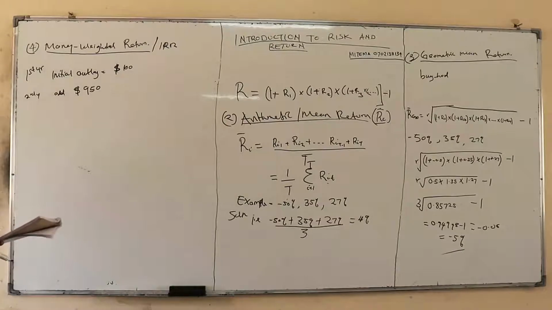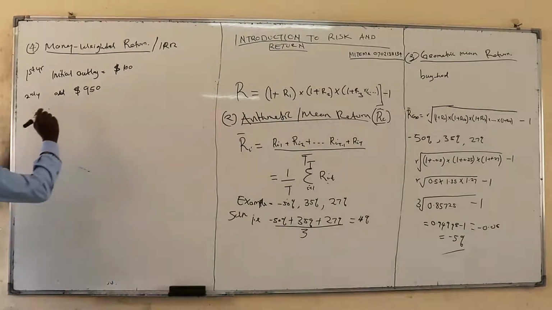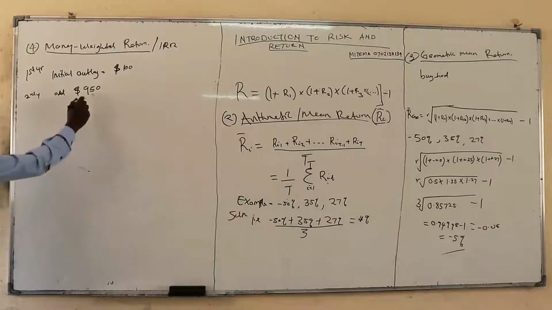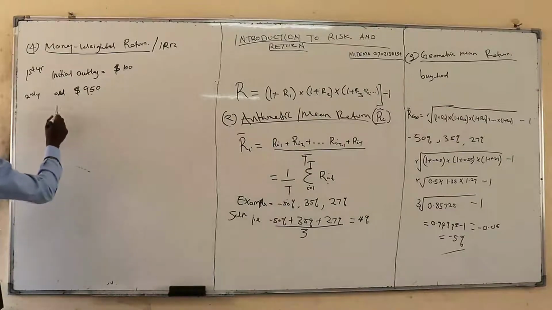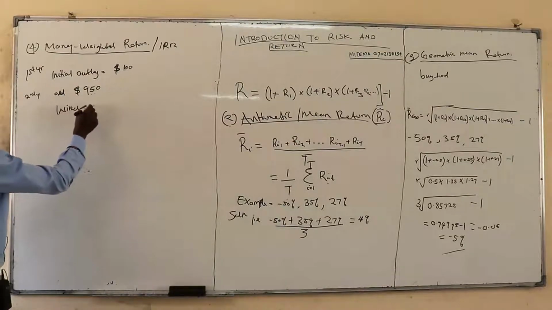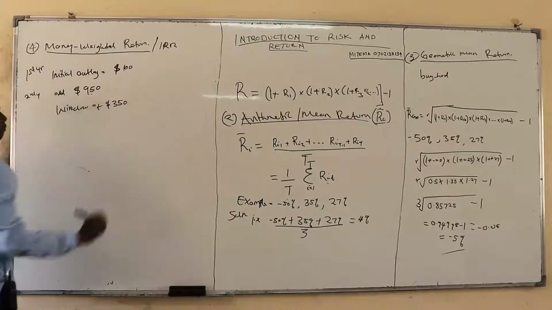At the same time, he withdraws 350 at the end of the second year. This is the beginning of the second year where he made an additional investment of 950 in the mutual fund. At the end of the second year, he made a withdrawal of 350 from the mutual fund.